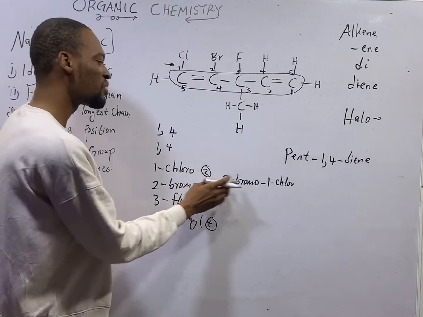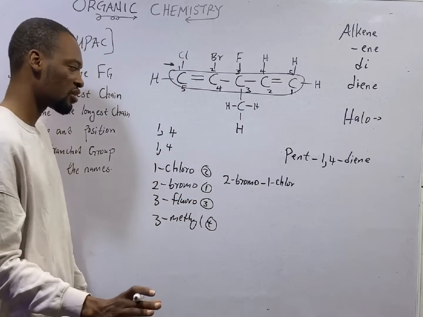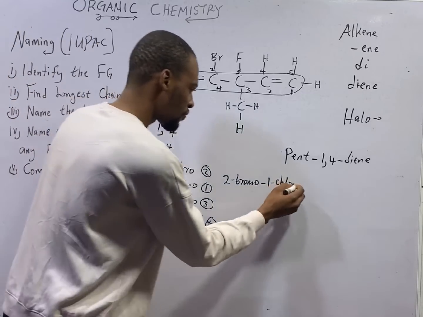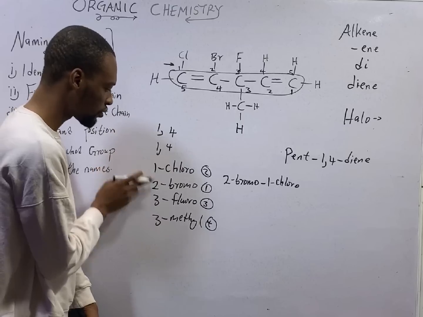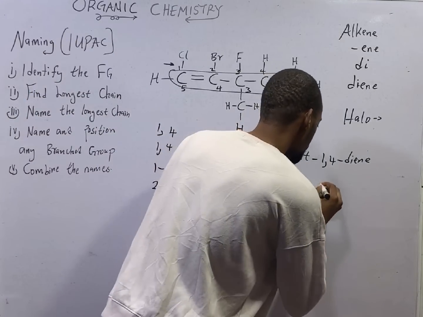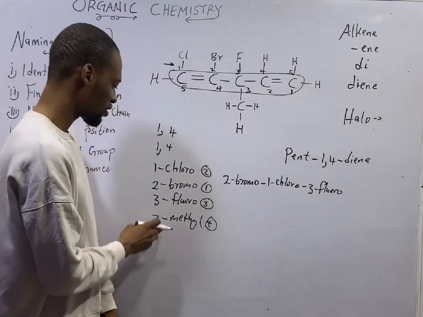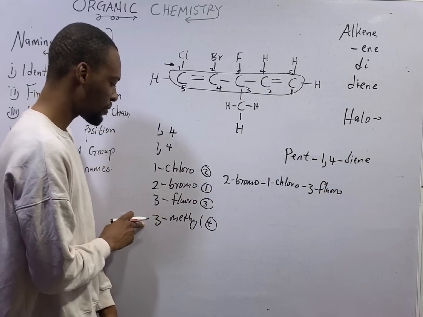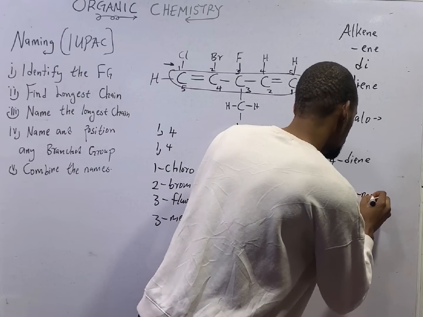Don't say this one is 2, this one is 1, so 1 should come first. No, no. It is the alphabet that we are concerned with. So 2 bromo, 1 chloro, 3 fluoro, 3 methyl.